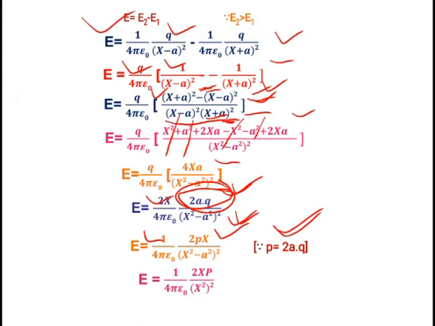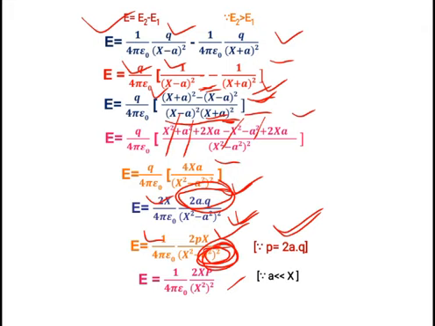E is equal to 1 divided by 4 pi epsilon naught, 2xp divided by (x square minus a square) raised to 2. Then what will happen to this a square? A square is almost negligible, because if we neglect a, that is the dipole distance, and consider it a negligible value, then only x square is remaining, x square raised to 2.